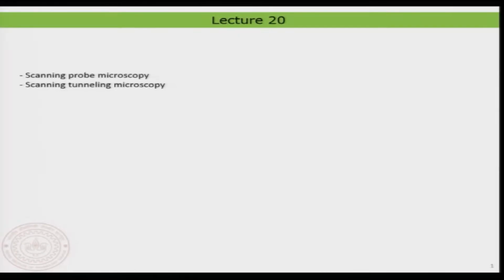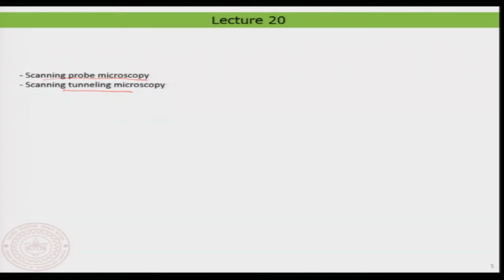Scanning tunneling microscopy is the topic that I am going to cover in the next couple of lectures, and the scanning tunneling microscope comes under a broad class of microscopy known as scanning probe microscopy. I will come to that in a minute, and in today's lecture we will look a little more into the details of scanning tunneling microscopy.